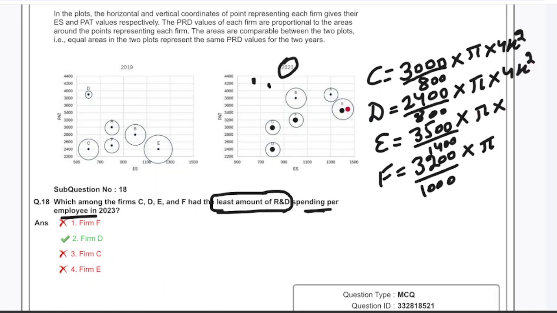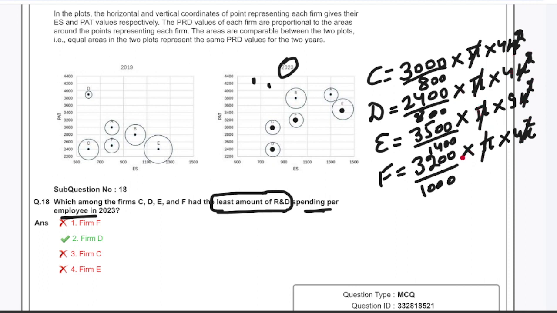For E, it is 9x square, 3x whole square, that is 9x square. And for F, again it is 2x square, that is 4x square. Now, if they ask the least amount, what can I easily do? I know the pi are all common, so I can just ignore them. X square I can ignore. I need to calculate the rest of the things, right?